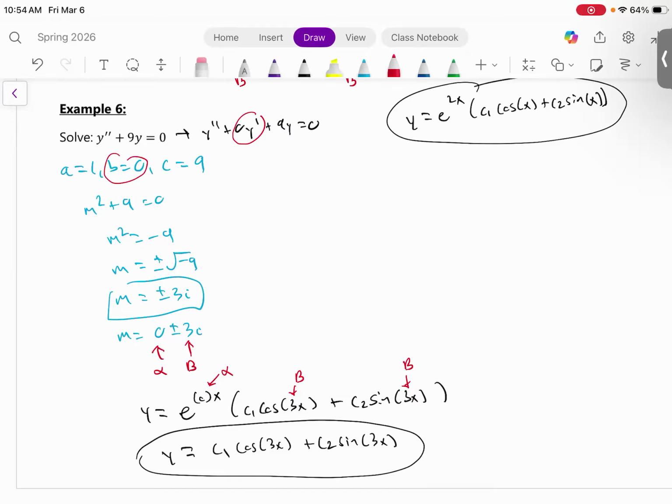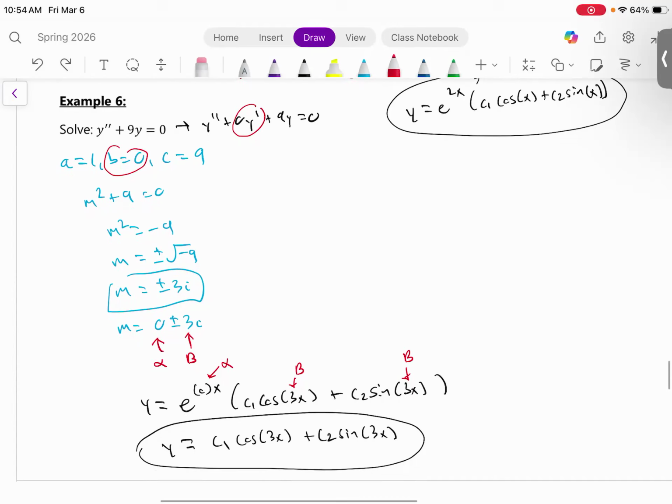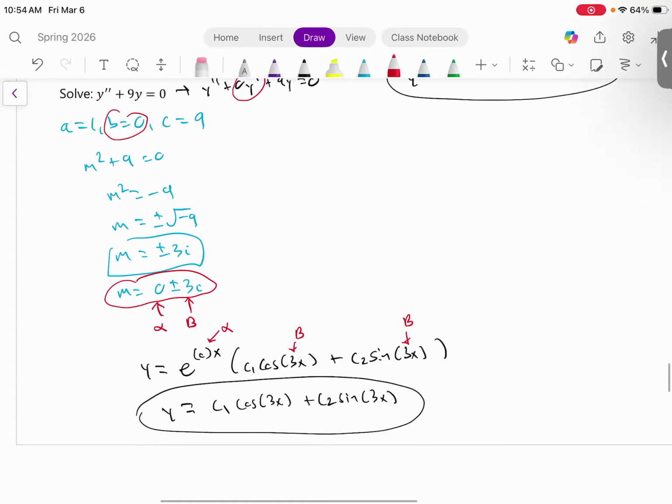When you solve this auxiliary equation, you just have m squared plus 9 equals 0, and that should give you m equals plus or minus 3i. Just be careful there as well, meaning that there's no alpha. It's like saying 0 plus 3i is our root. So that means alpha is 0 and our beta is 3.